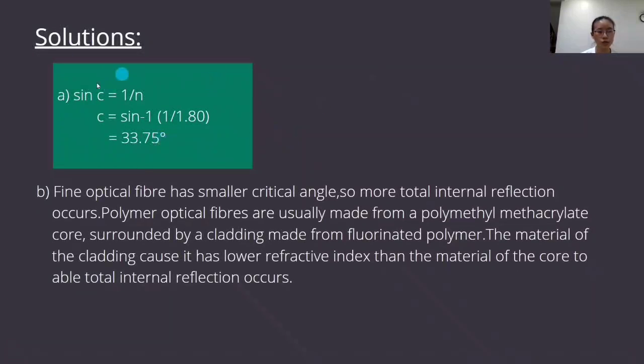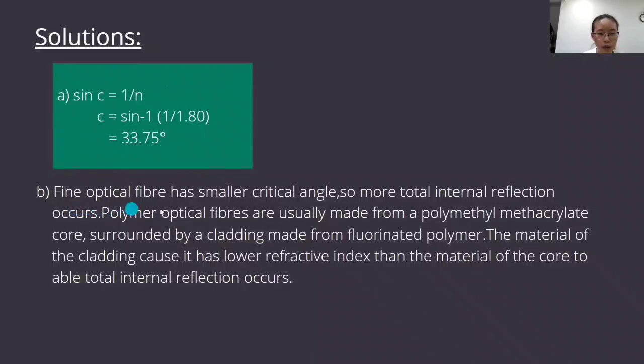Now we look at these solutions. To calculate the critical angle, we just use this formula: c equals sine inverse of 1 divided by 1.80. And we get the final answer, 33.75 degrees.